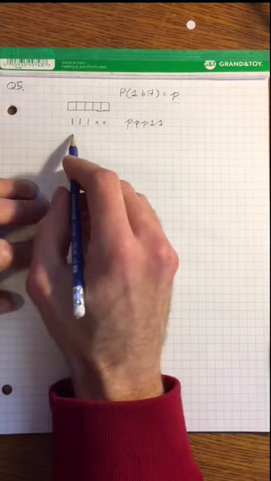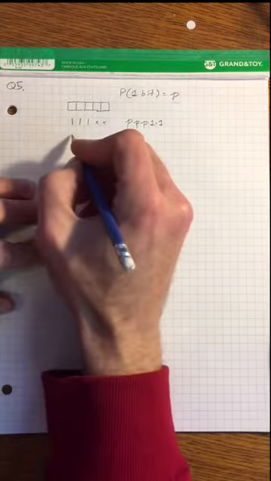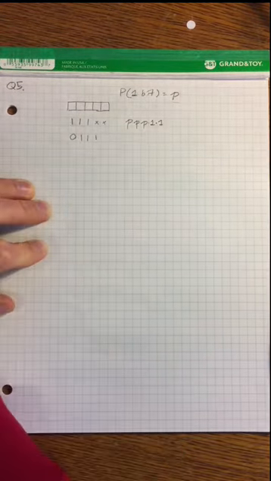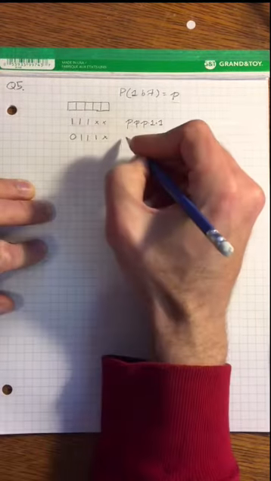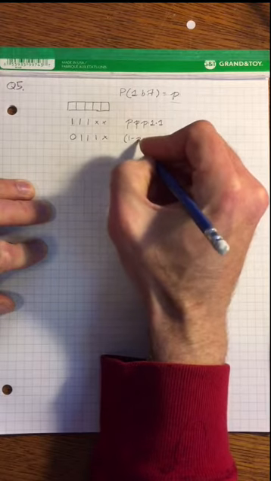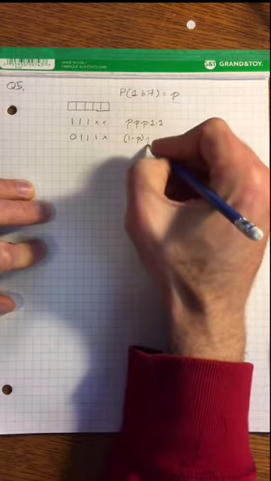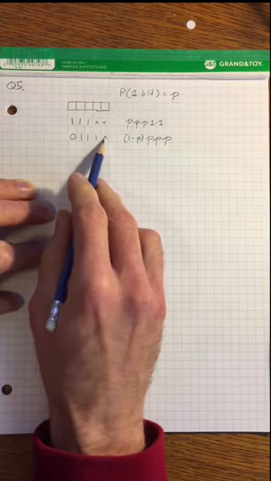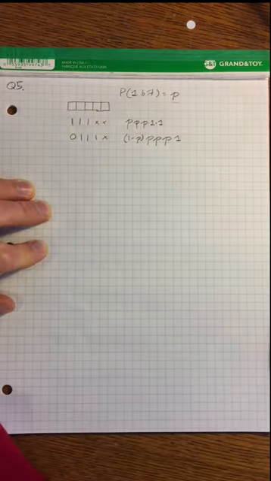The next sequence that we could have is our first bit happens to be a 0, followed by 3 1s, and then we don't care what comes after. And so the probability of this sequence is 1 minus p, and then we have 3 p's in a row. And then we don't care what this bit is, so that bit gets a probability of 1.